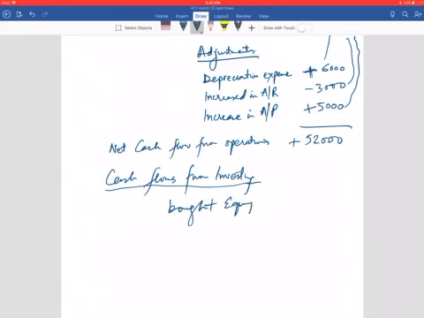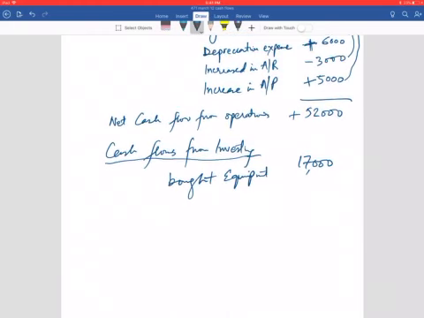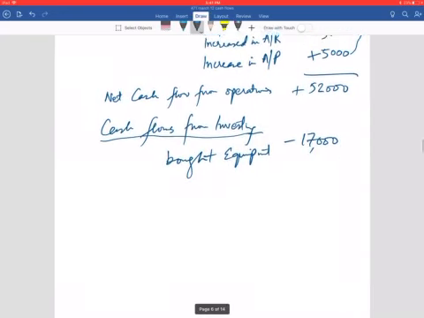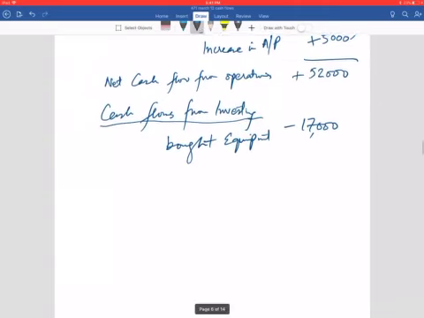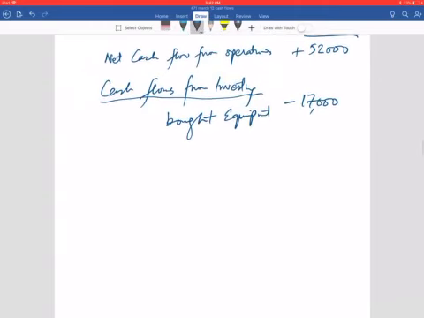So we bought equipment because it increased, for $17,000. Okay, the $17,000 is minus, right? When you buy, you have to spend cash. So that comes out. What else? From investing activities, I think this is the only one.